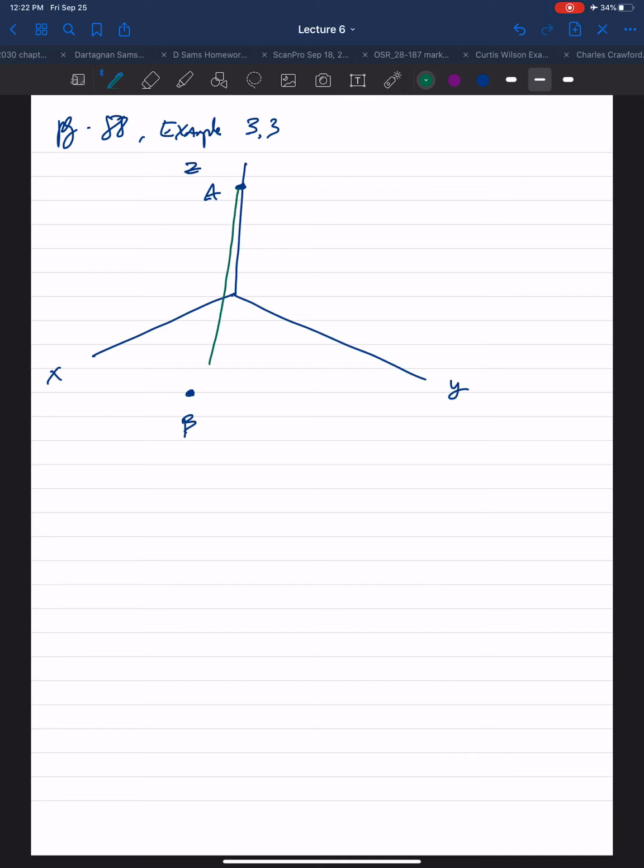The magnitude of that force F is 2 kilonewtons. I'm not going to draw everything out of the book so it can be a little bit neater, but we'll follow along in the book. Once again, this is example 3.3 on page 88.